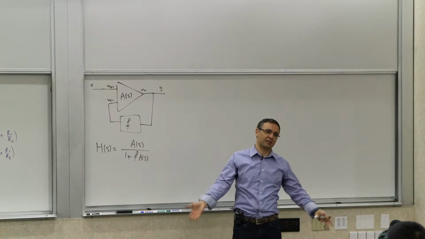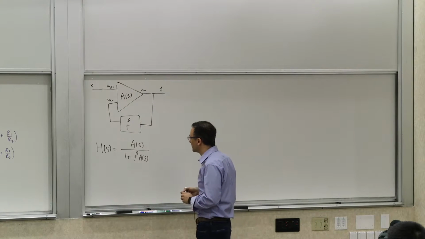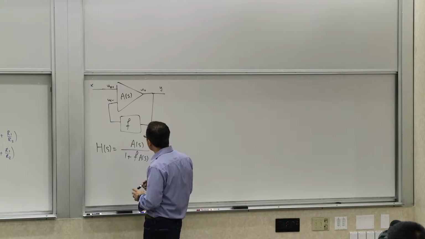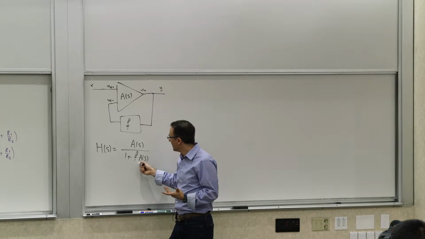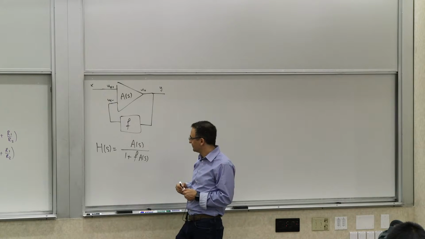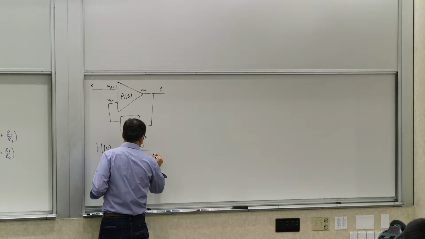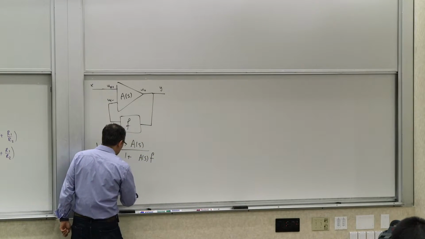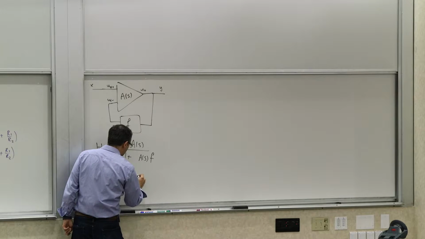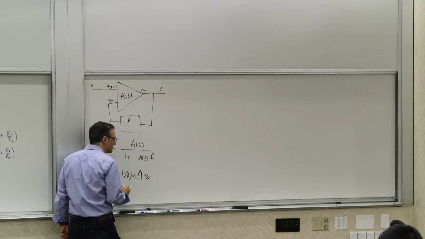We said we want to get as much gain as we can. But now let's assume that we have two different ranges of operation. Let's say there is some range of frequencies, probably in the lower range, where A of S F, so the magnitude of A of j omega F, is much greater than 1.